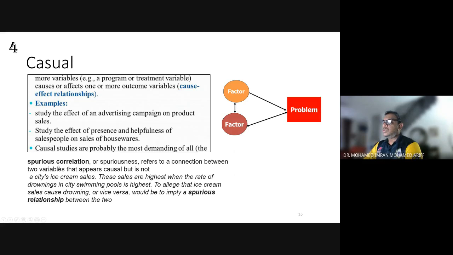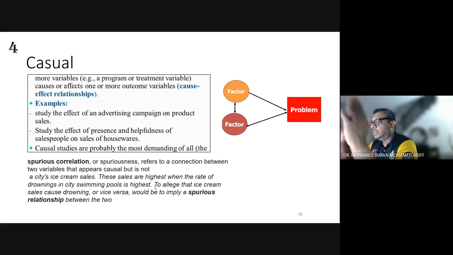Okay, we also have spurious correlation. Contohnya macam ni. Okay, a city's ice cream sales. These sales are highest when the rate of drowning in the city pool is high. Baik. Didapati bahawa, ni pelik sikit ya, jualan aiskrim itu tinggi dan pada masa yang sama orang banyak drown in swimming pool.